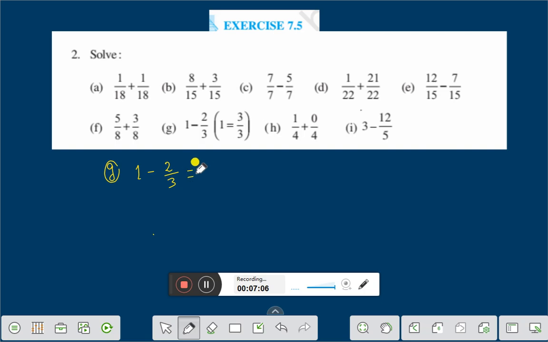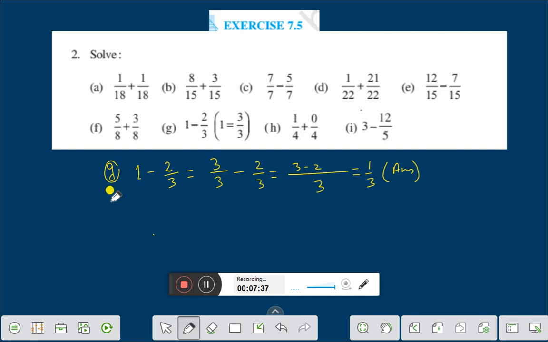Here you see 1 can be written as 3 by 3 minus 2 by 3. Therefore 3 is the LCM. 3 minus 2, that is 1 by 3. This is the answer.